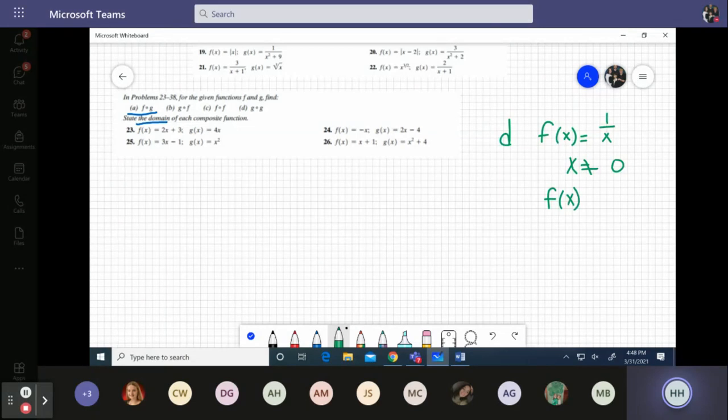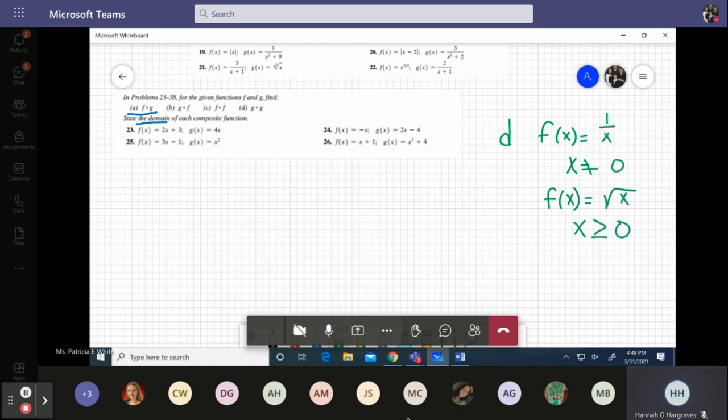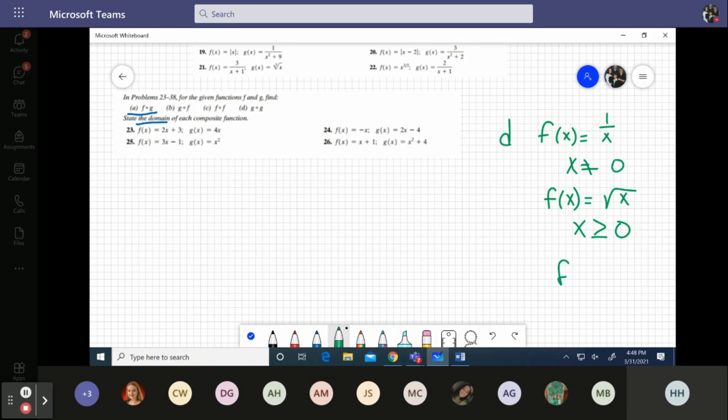If f of x is equal to the square root of x, x has to be greater than or equal to 0. And if f of x is equal to 1 over the square root of x, x must be greater than 0, right?